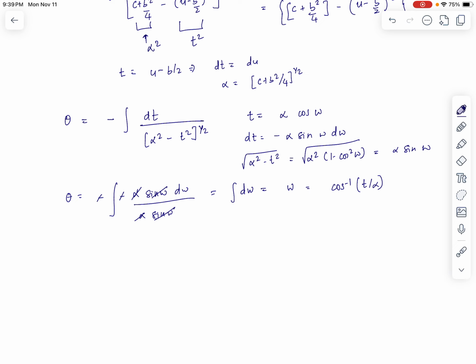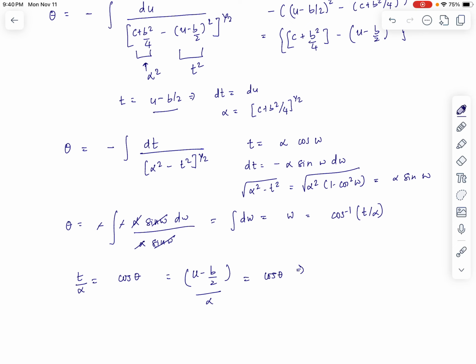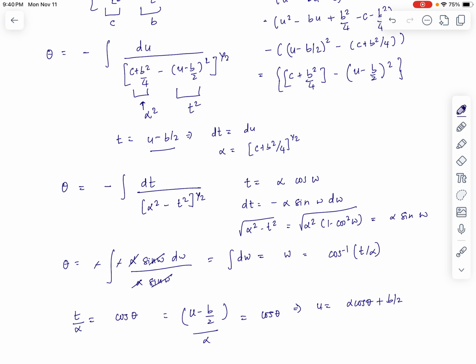Right? So essentially we get t divided by alpha equals cosine of theta. Okay, and we know t here as u minus b divided by 2. So u minus b divided by 2, divided by alpha equals cosine theta. So we can write this as u equals alpha cosine theta plus b divided by 2. Okay, and u equals 1 over r.